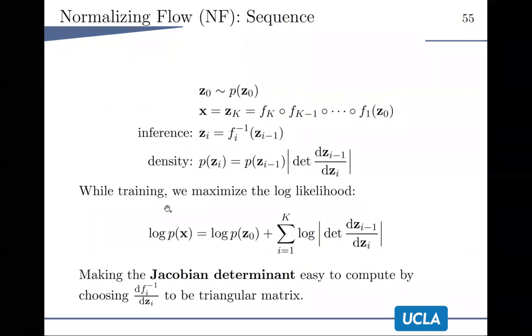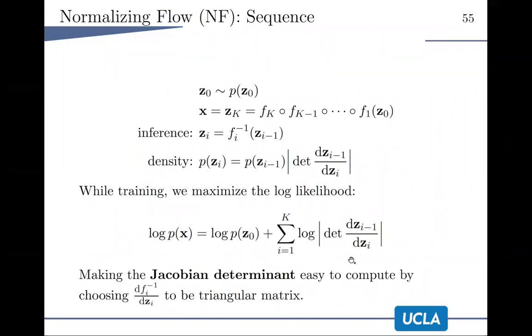And then we maximize the log likelihood. When we maximize the likelihood, we try to compute this expression. And again, we apply the same regularization, the same restrictions to make the computation of the Jacobian determinant easier.